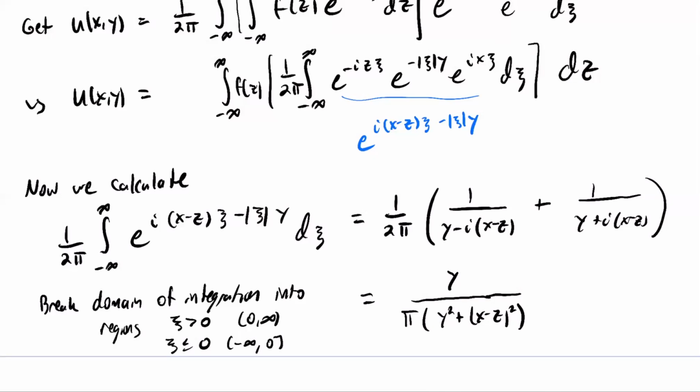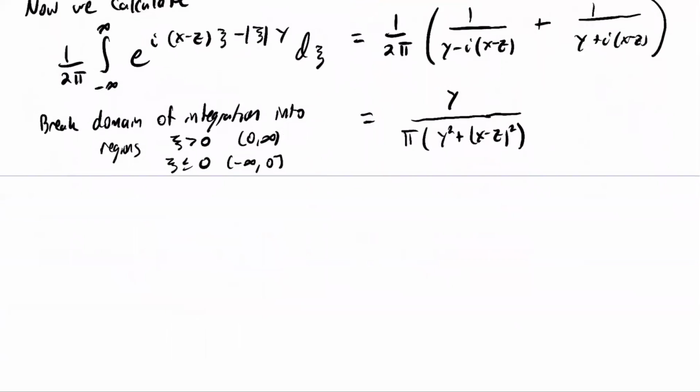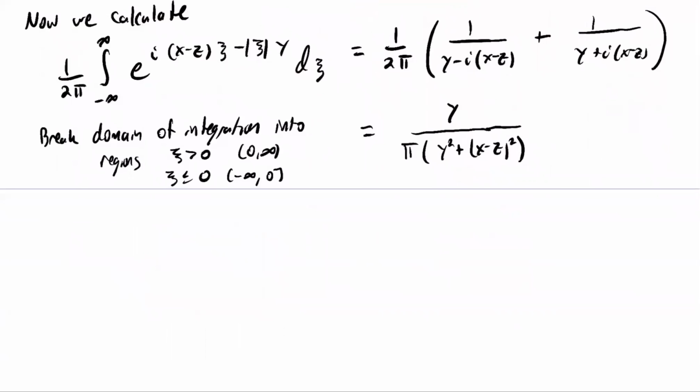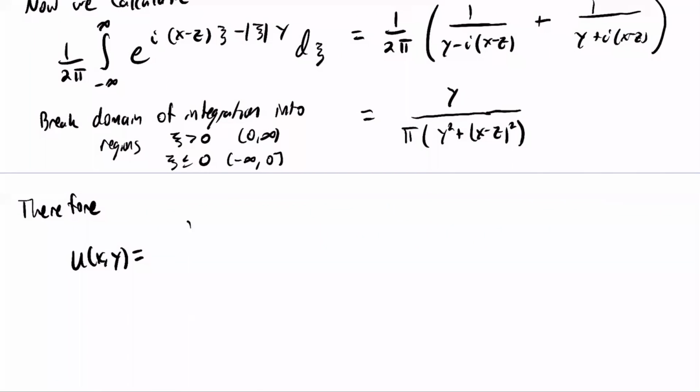Okay, and so now we've calculated what's in the brackets over here. And so now let's just plug this in. We haven't actually completely calculated it, but we've at least outlined the steps that you need to calculate this. So therefore, our function u of x, y is going to be given by the integral from minus infinity to infinity.